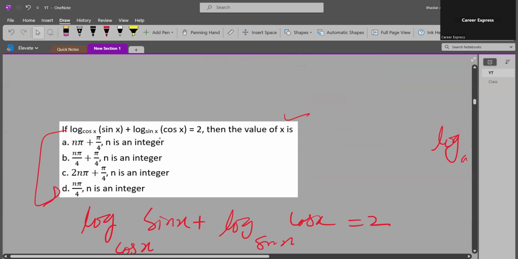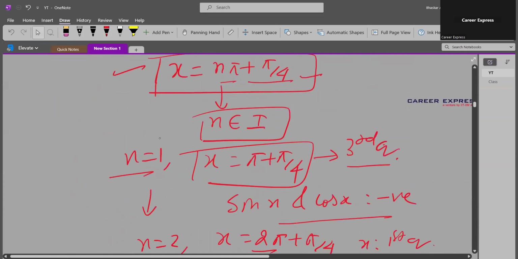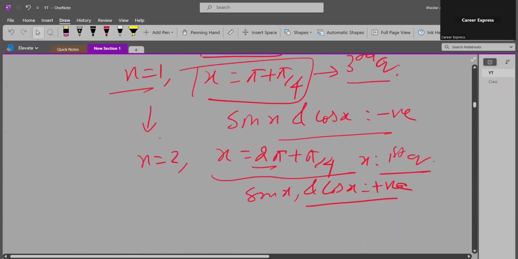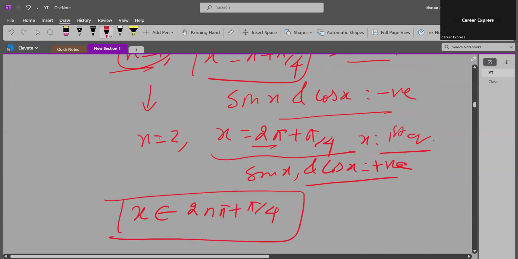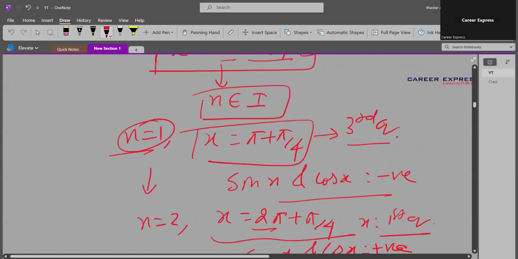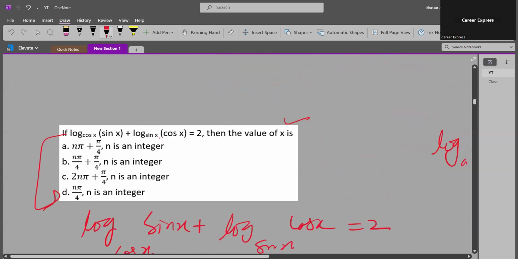So that means x equal to nπ plus pi by 4 could have been the answer, but because of log, we will have to remove the odd values of n. So we can simply say the final answer will be 2nπ plus pi by 4. Right? So that should be the final answer. So answer should be option C.